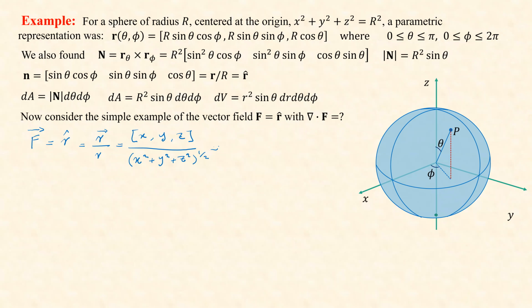You can write this as x squared plus y squared plus z squared to the power -1/2 times x, y, and z. So this is now r hat for any position vector r in space. We say for any point in space, it doesn't matter where it is. If this is r, then this is r hat for that. All right.